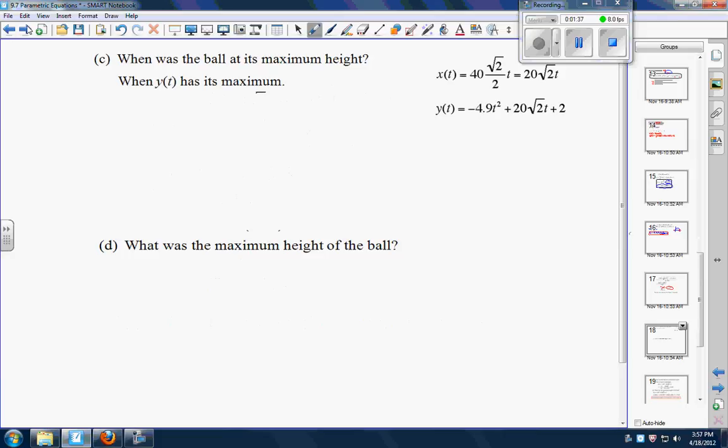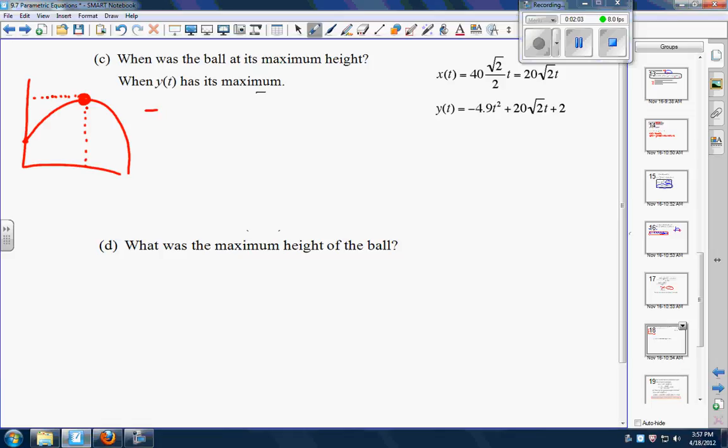Next question. When was the ball at its maximum height? So again, you're trying to find this right up here. So when was it there? Well, the x won't help us out very much with that, so we're going to have to look at the y of t. Okay, so we're trying to find the vertex of this parabola, so it's kind of a where and the actual value type thing.